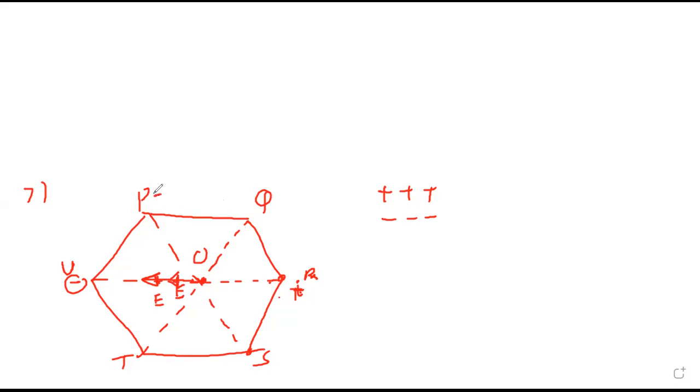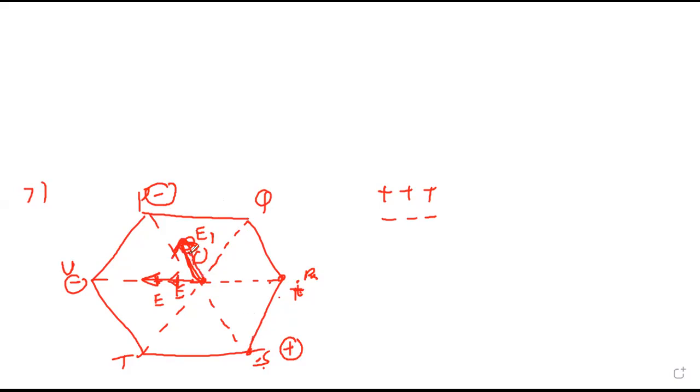Now if P is negative, it will give you this way field, E due to P. And suppose S is positive and P is negative, then the field will be inward.